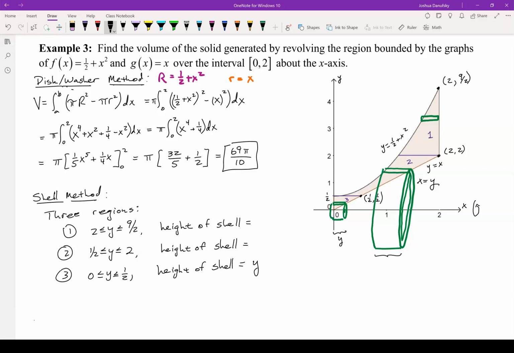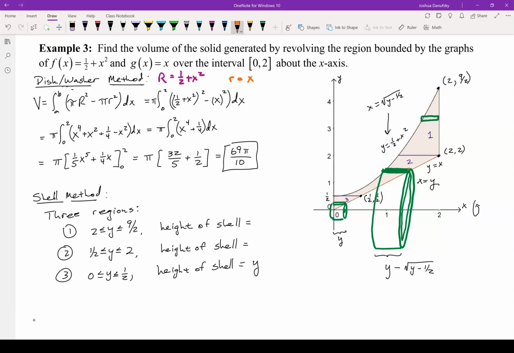Let's first rewrite our curve as a function of y. In other words, we're going to isolate x here. That's going to give us x equals the square root of y minus 1/2. So this height here, we're going to start with y and subtract off the square root of y minus 1/2.